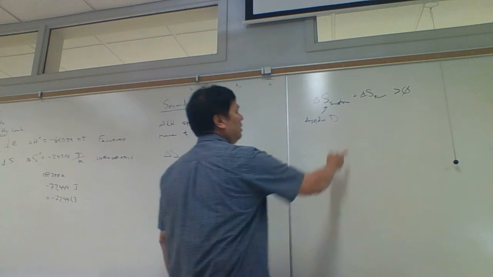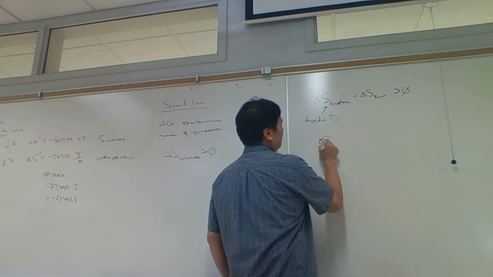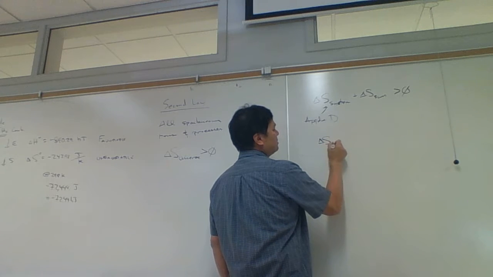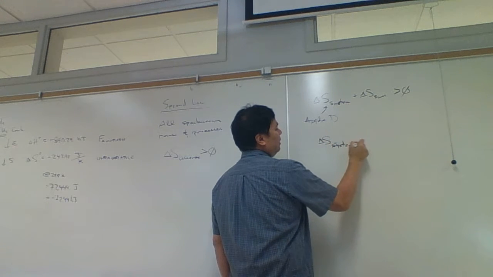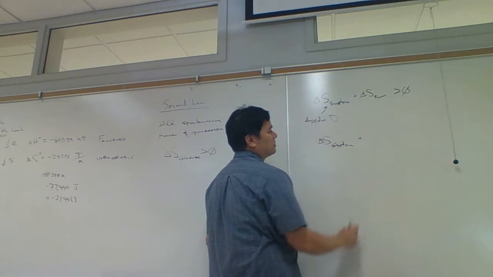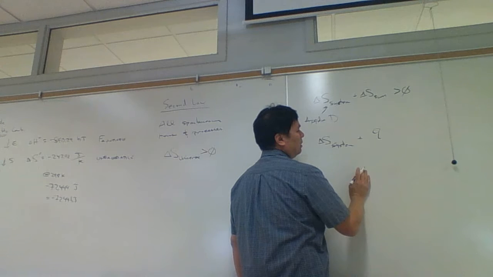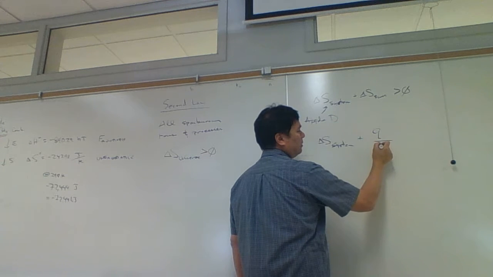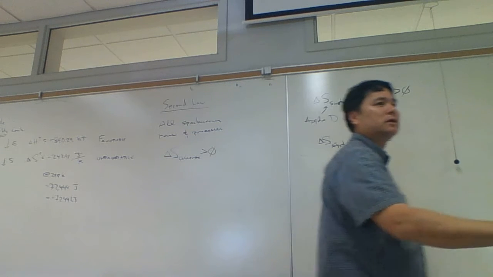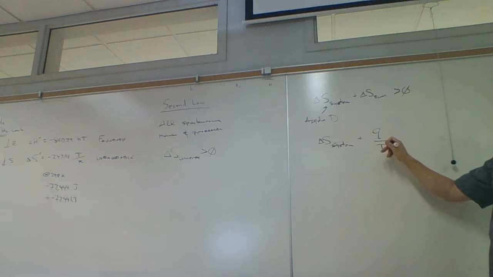And so here, with delta S of the surroundings, and this is an equation you don't necessarily have to memorize, but if we have delta S of the system here, then we can relate the delta S of the surroundings. Delta S of the surroundings is also equal to Q over T. Q reversible over T. Now, that was an equation that was up there earlier, but this is going to be Q of the surroundings.